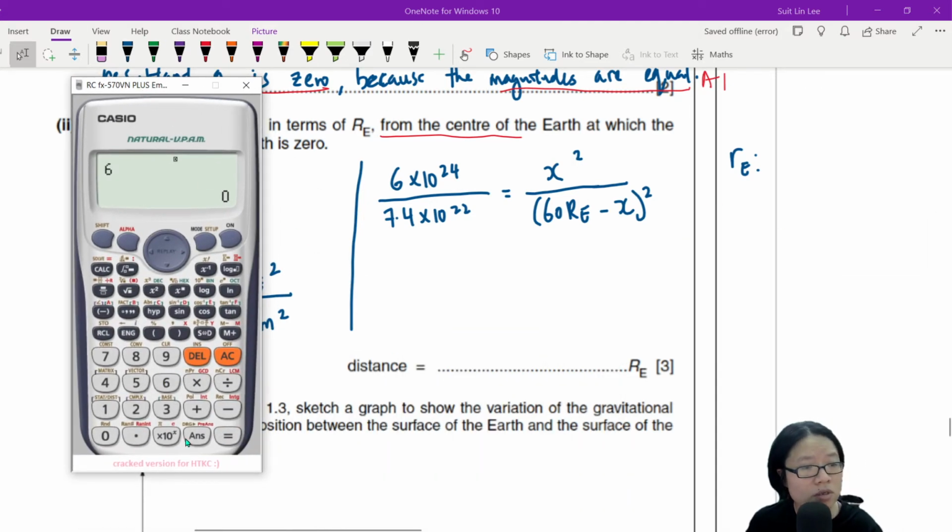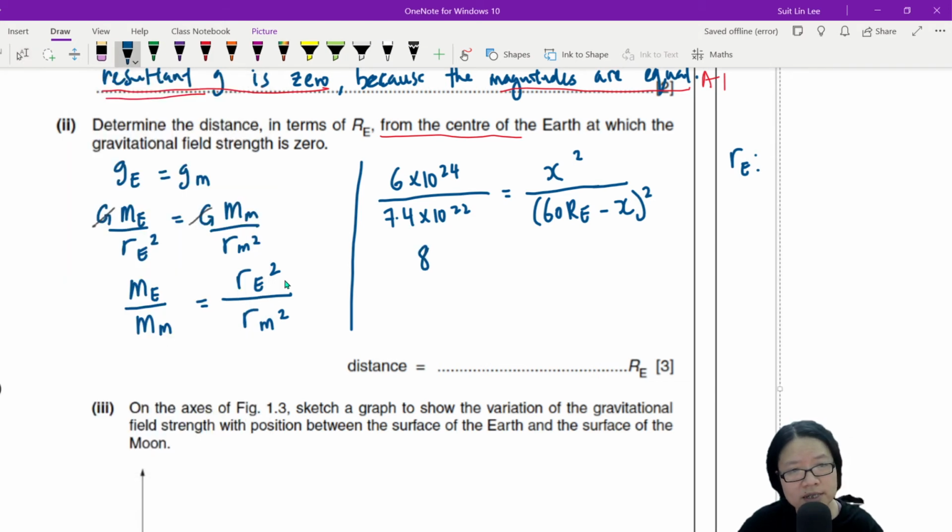So if you congregate this on one side, divide by 7.4 E22, this will be 81.1. I'm just going to write this as 81.08, let's say.